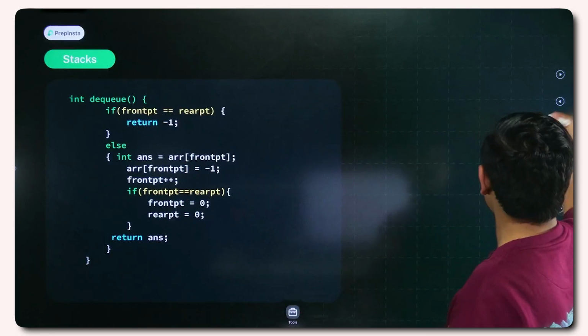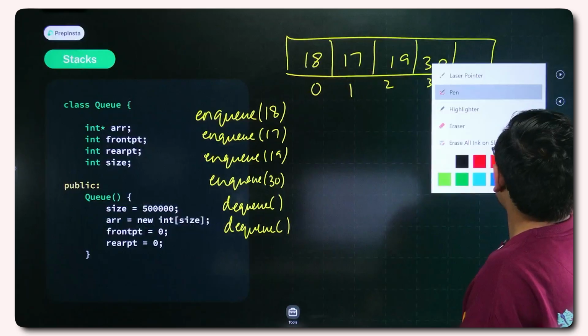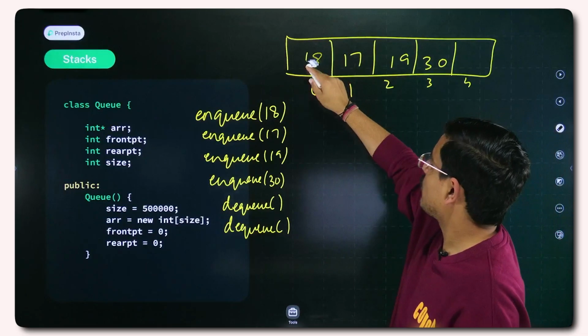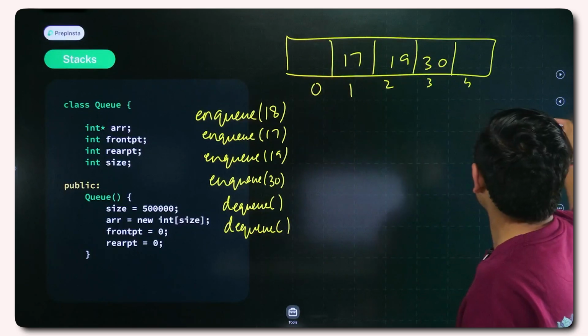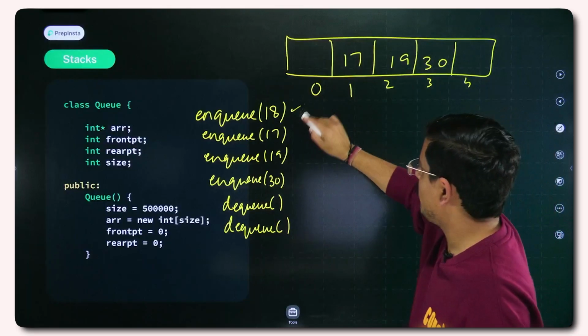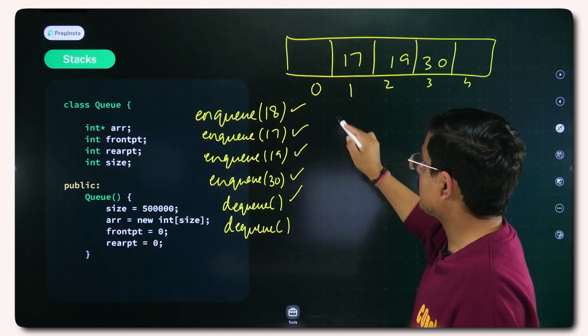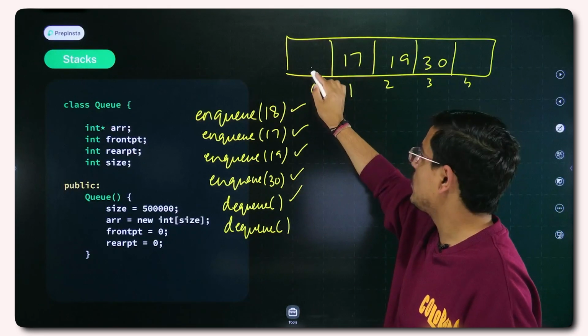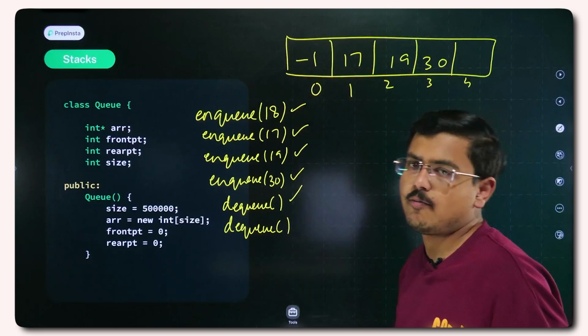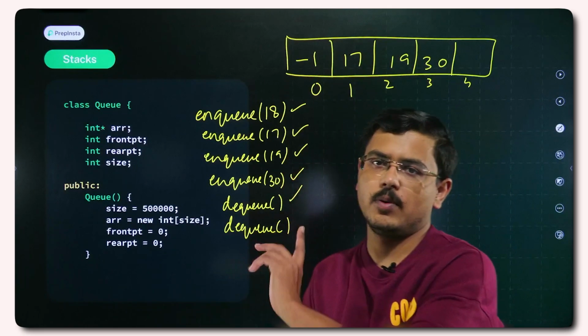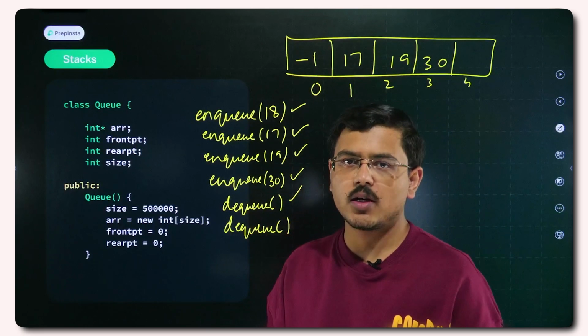So if I DQ now, the first element that goes out is 18. Now 18 is out of the queue and you have -1 in its place. That's how DQ works in my code.